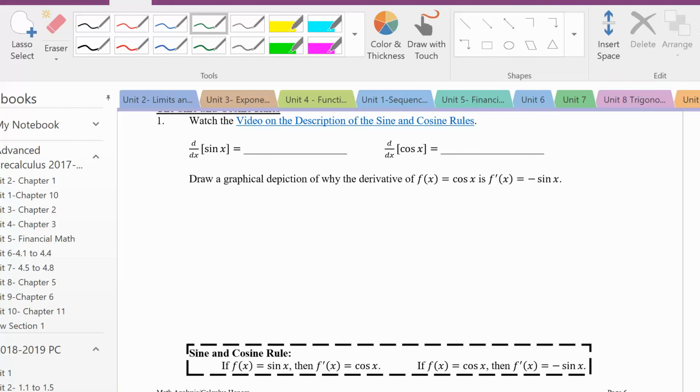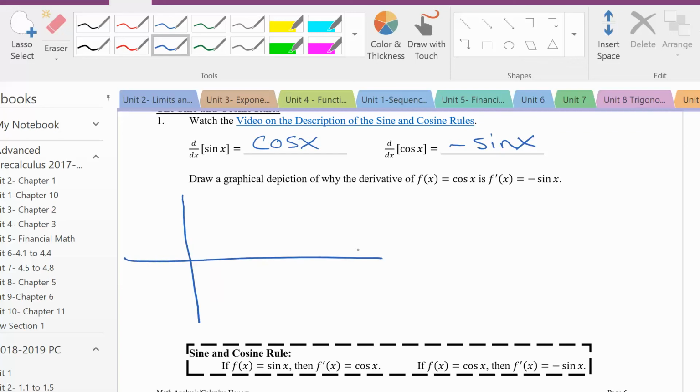All right, so next we're talking about trig derivatives, sine and cosine rules. So the derivative of the sine is the cosine, and the derivative of the cosine is negative sine. So if you graph this, first I'll graph the sine function and make this pi and 2 pi, 1 and negative 1.